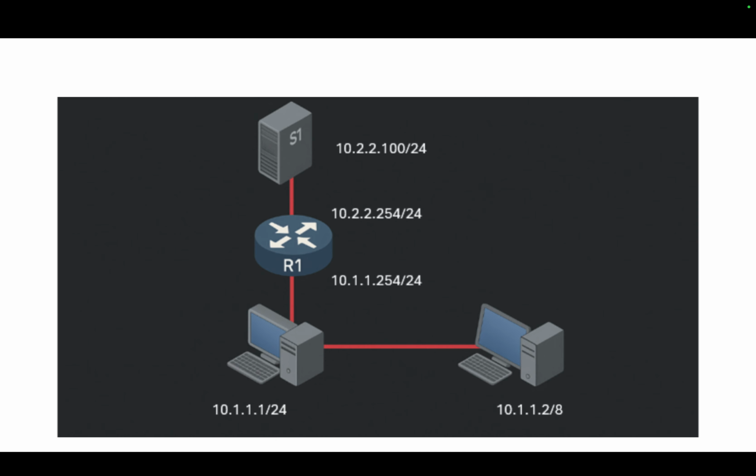Of course, it's wrong, but because of this incorrect subnet mask, it's in a delusion, thinking that the server is in the same subnet. And so this is a problem. If this host wants to send packets to that server, it's a problem because it thinks it's in the same subnet, even though it's not. It's confused because of that incorrect subnet mask.